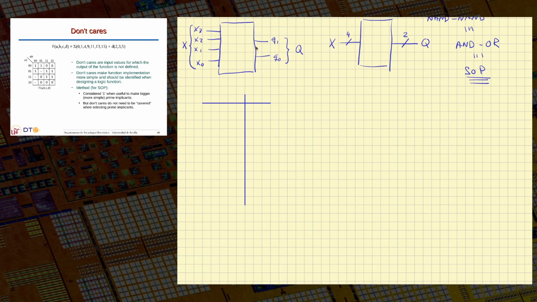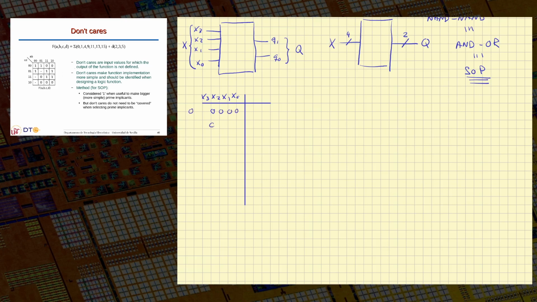So if we want to make a precise specification using a truth table, we put the variables here: x3, x2, x1, x0. The order we select here is very important because these bits represent a number. In that order, the first value could be 0, 0, 0, 0, that represents number 0.